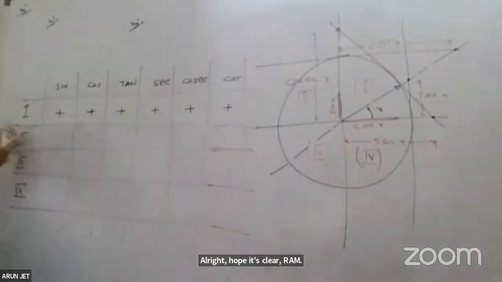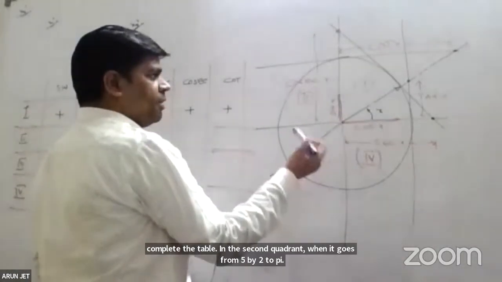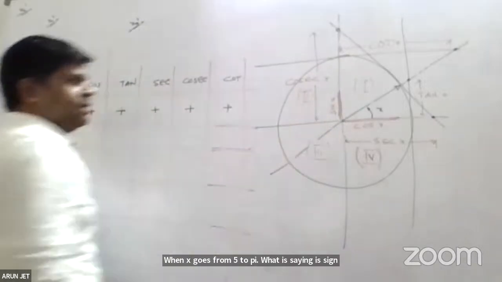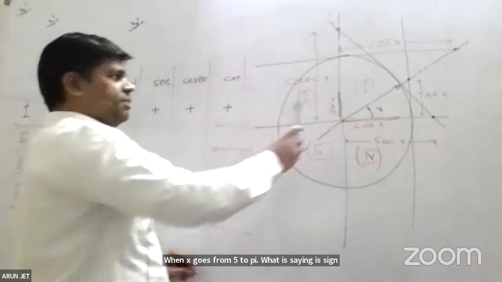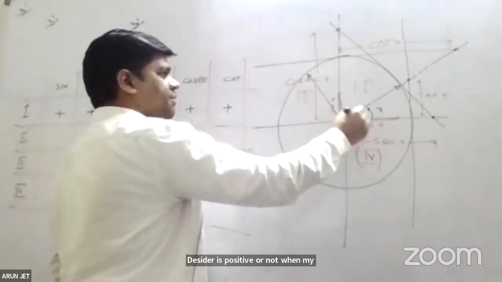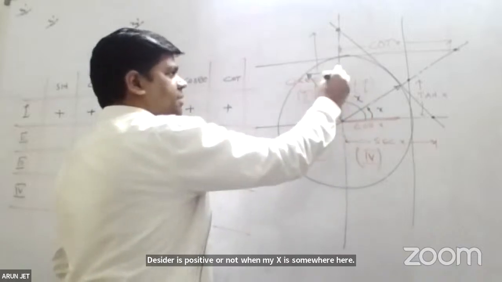All right. So let's complete the table. In the second quadrant, when x goes from pi by 2 to pi, what is sine? Is sine positive? Look at the circle and decide whether it's positive or not. When my x is somewhere here, the radius is somewhere here. Sine is definitely positive.